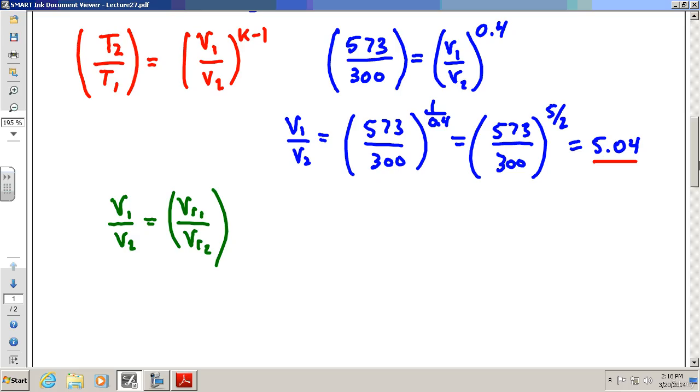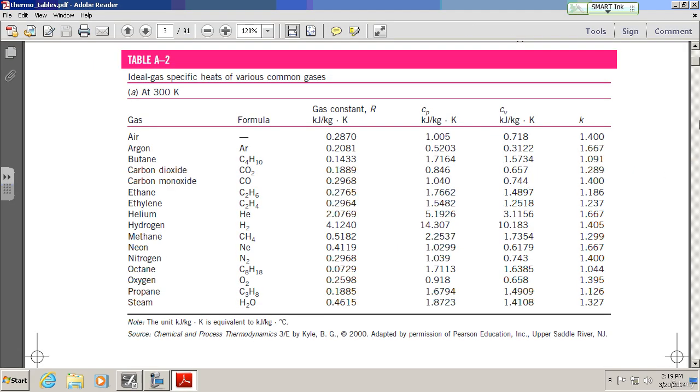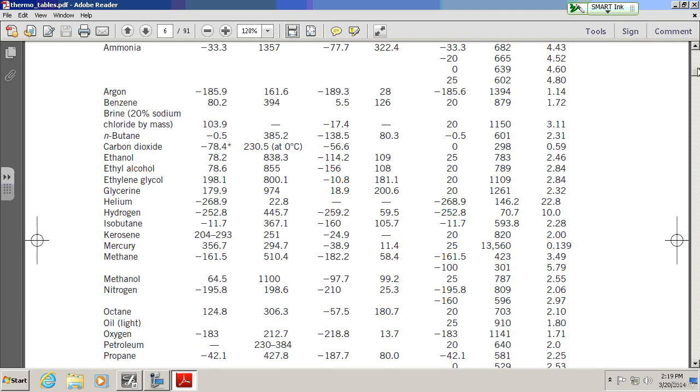Okay, so how does that help us? Well, you could actually get VR1 in the tables. How do I get that? Well, what's T1? T1 is the initial temperature of the air. That's going to be a T1 of 300 Kelvin. So you go back to your tables for air.